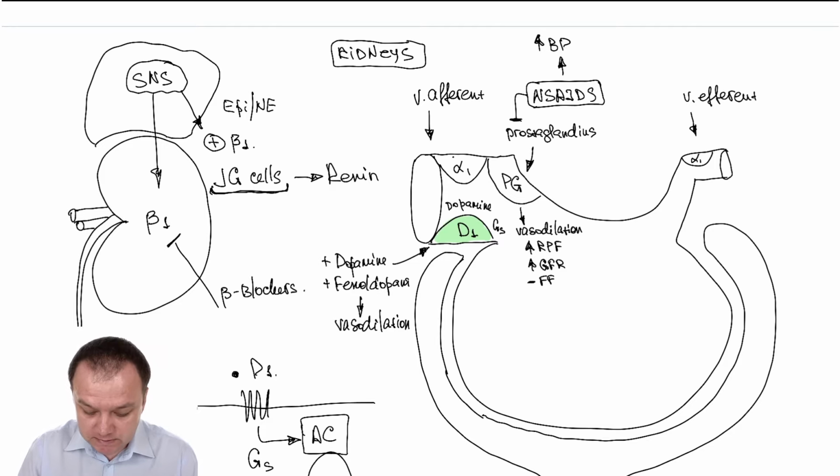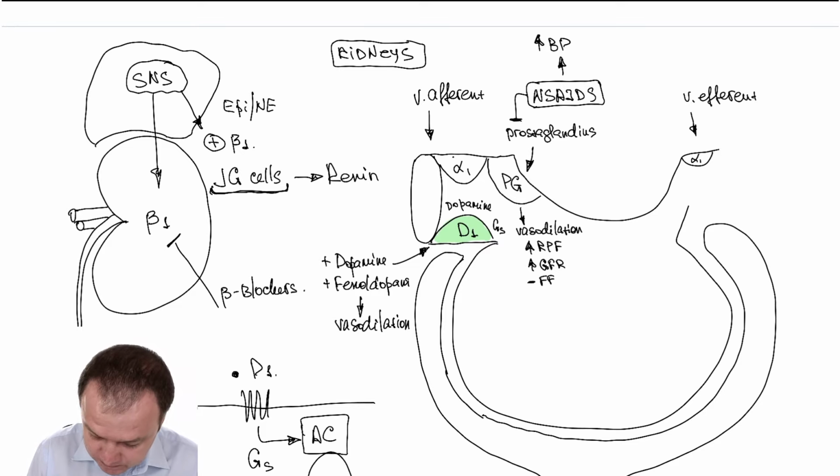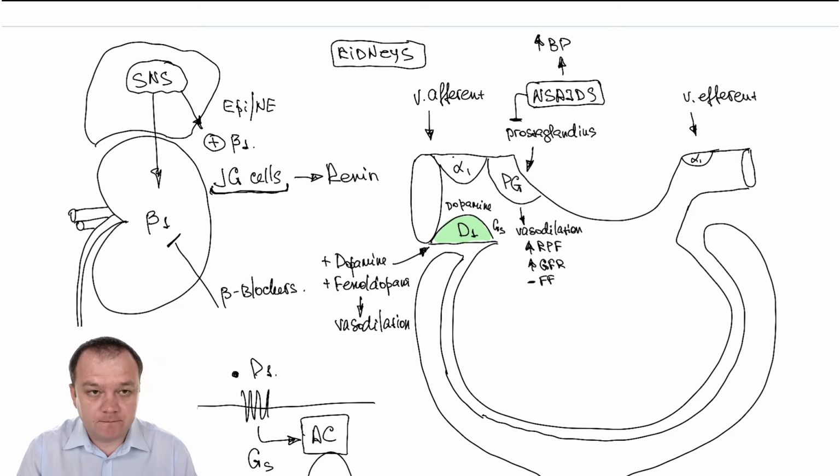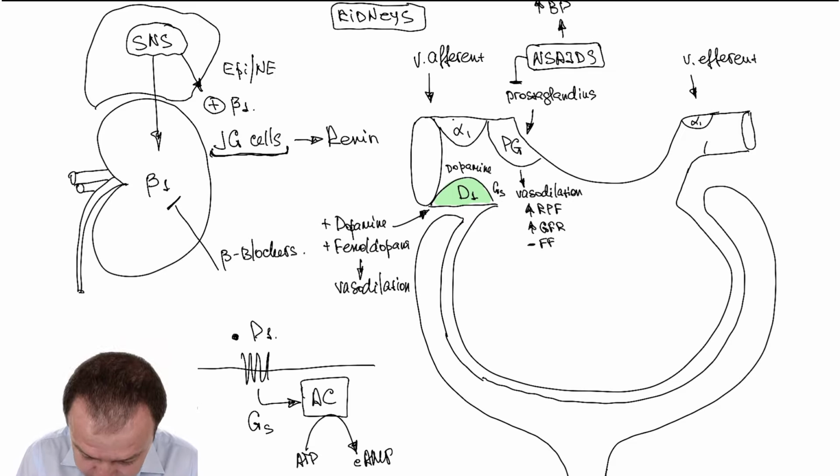What about vas efferent? We said we have alpha-1 adrenergic receptors, but they are not as significant as in vas afferent, less significance. Another type of receptors that we have in vas efferent is the AT1 receptor.